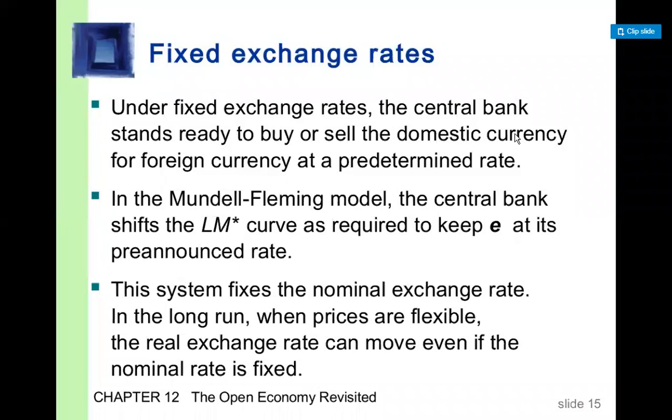But in the long run, when prices are flexible, the nominal exchange rate cannot move, but the real exchange rate can move up and down, even if the nominal exchange rate is fixed. Why? Because of changes in the prices of goods, it is possible that the real exchange rate increases or decreases. I have discussed that in that chapter. Getting the point?